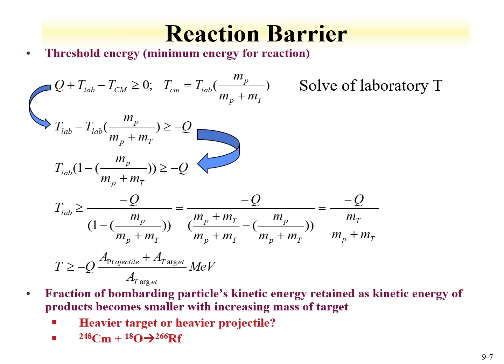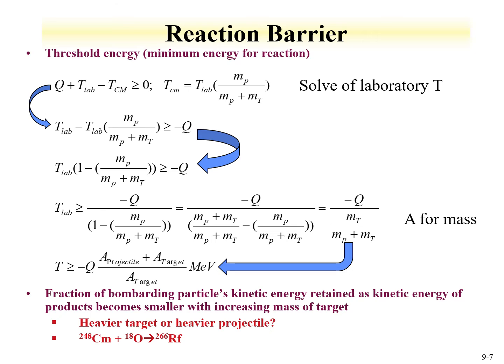Now we can rearrange this equation and solve for what the kinetic energy of the laboratory must be greater than. We get to this equation here. We rearrange. We substitute the mass for A, which is a reasonable substitution.